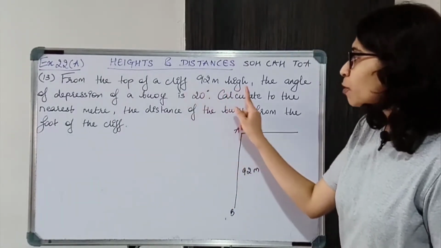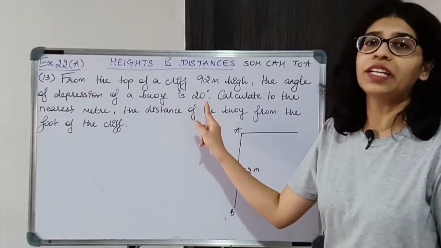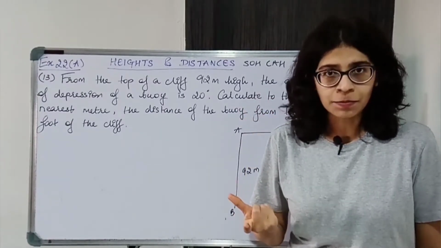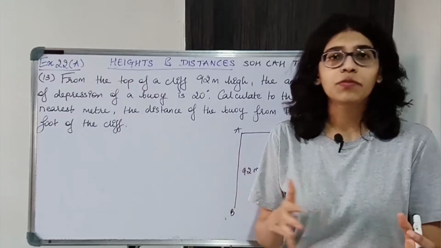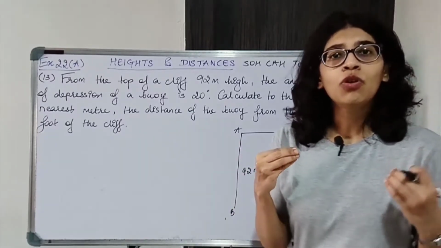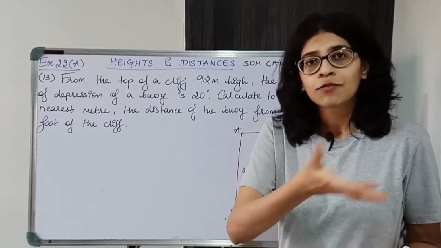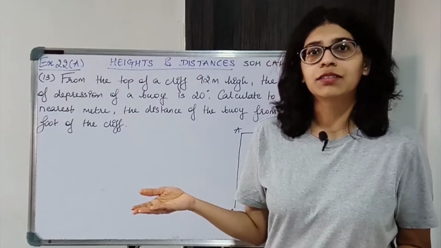Now from the top of the cliff 92 meters high, the angle of depression of a buoy is 20 degrees. There is a buoy. A buoy is a floating device, ठीक है? This buoy has multiple purposes, navigation purposes and stuff. Floating means it is floating on the water. It can be any sea or any other water source.